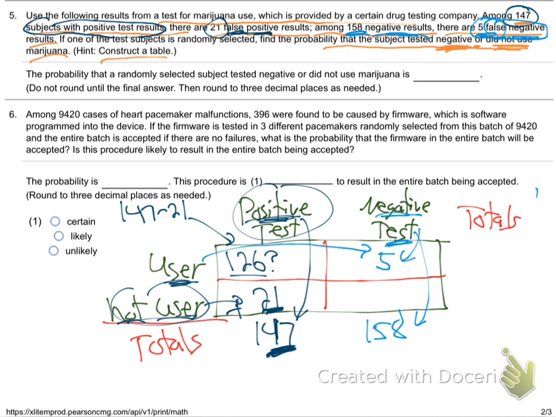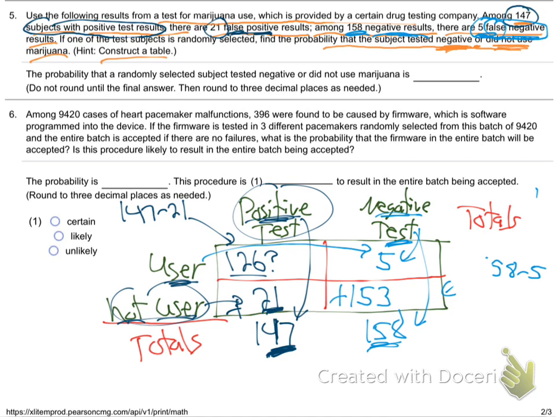False negative. And then how do we get the one in that box right there? Subtraction again, right? 158 minus 5. This has got to be 153, because then 5 and 153 add up to be the 158 total negative test results. All right, we got that whole table. Now, we need to get the total totals.